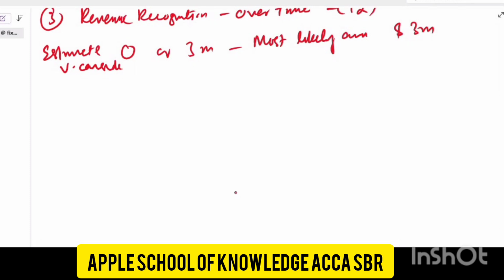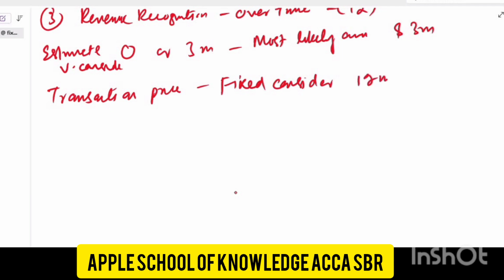So the transaction price will be your fixed consideration, that is 12 million, plus your variable consideration. And why do we count this variable consideration as part of the transaction price?